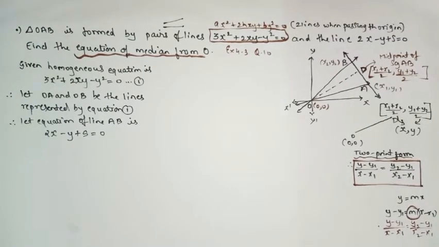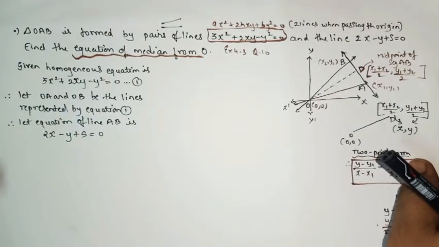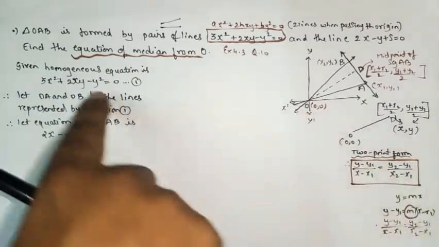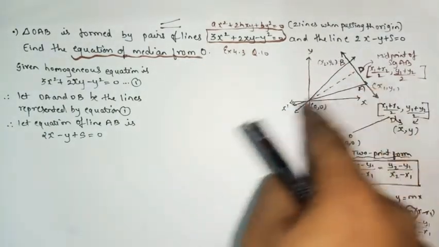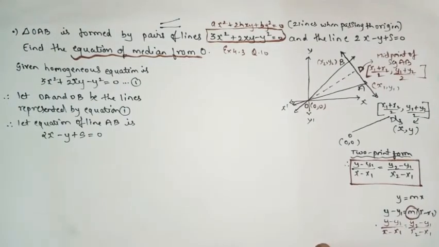So OA and OB are the lines passing through the origin, and AB is the line which cuts OA and OB to form a triangle, that is triangle OAB.